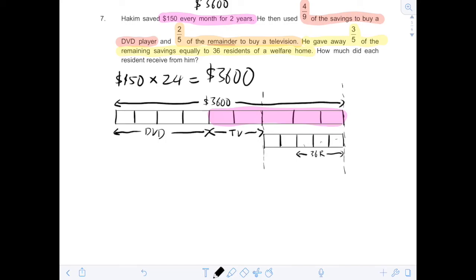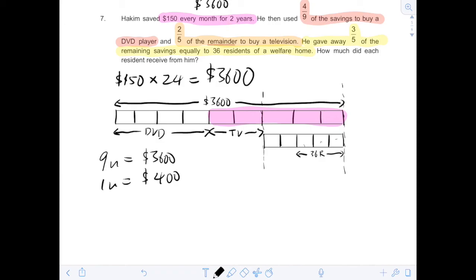We know that in total they are altogether $3,600 for these 9 big units, right? So 9 big units is 3,600. 1 unit will therefore be divided by 9, you get 400.